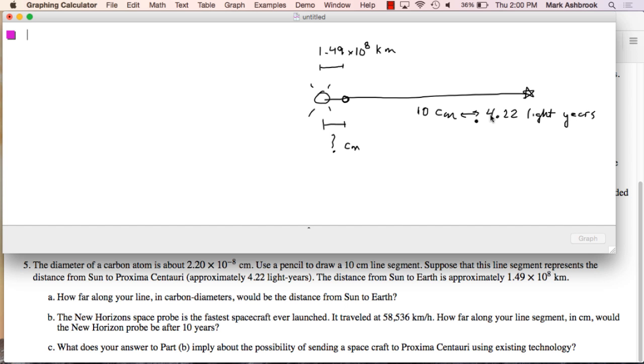Well, 4.22 light years, so we need to figure out how many kilometers that is. How many kilometers is 4.22 light years? All right. Call it A.